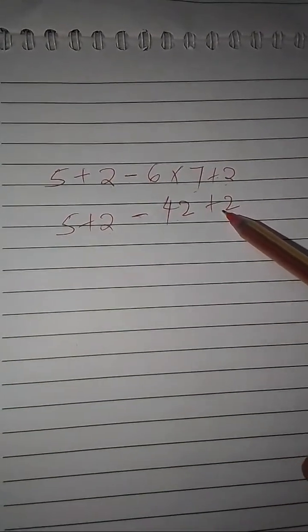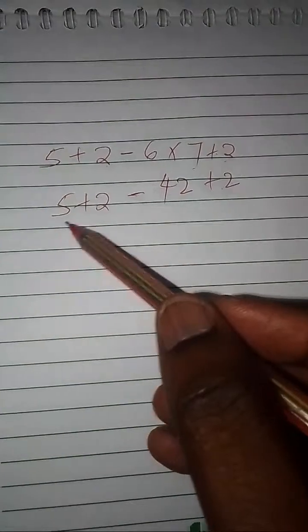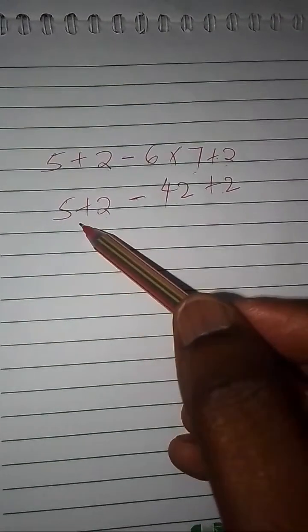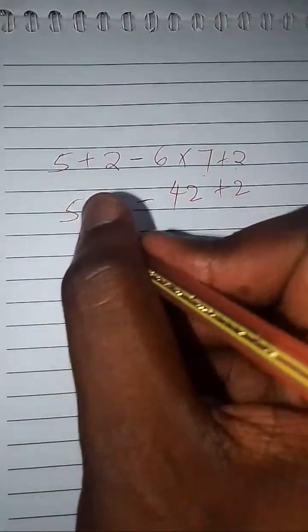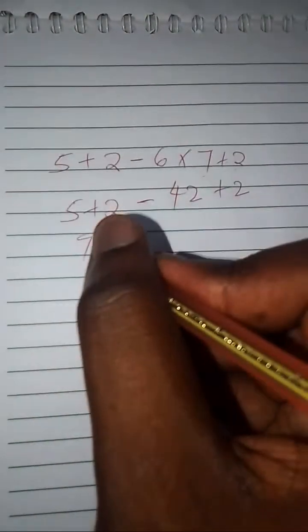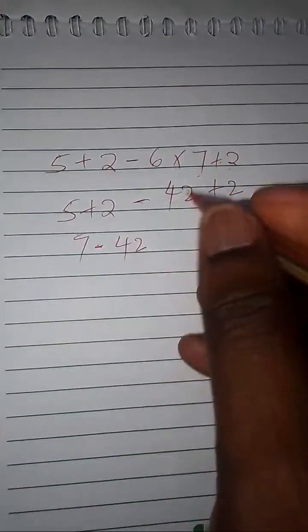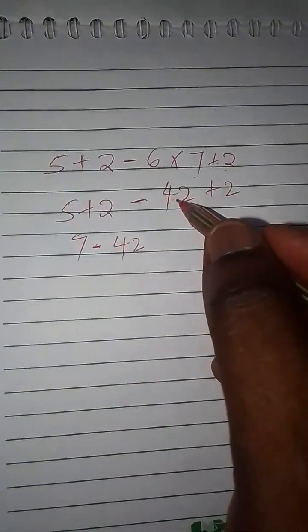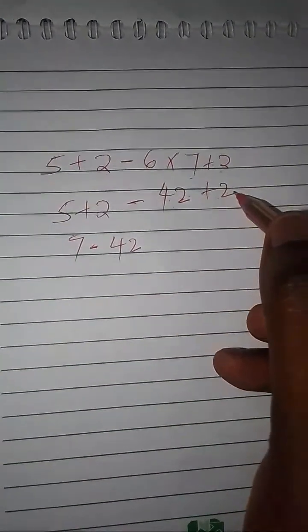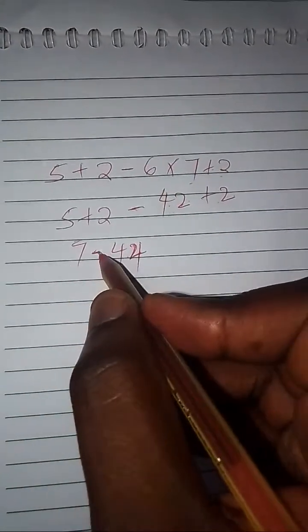Now from there, we shall start with the addition first. Like 5 plus 2, we shall have 7, subtract 42 plus 2, that is 44. So we shall have 7 subtract 44.